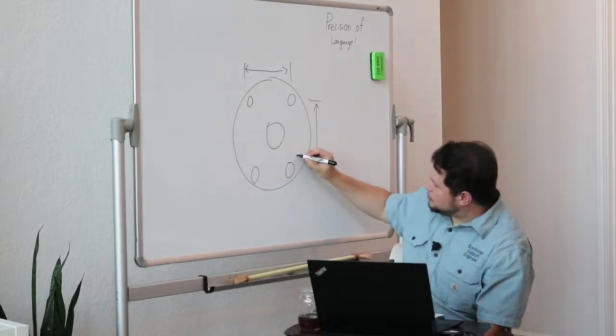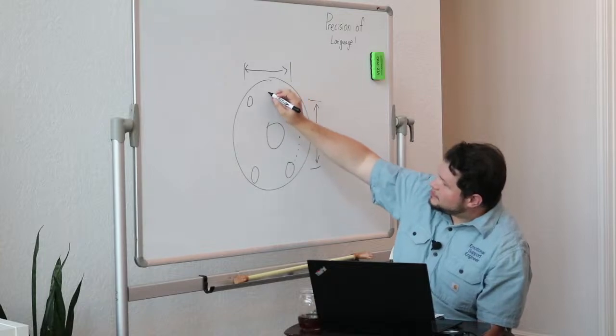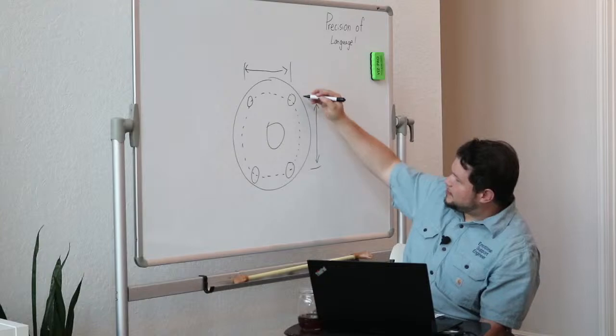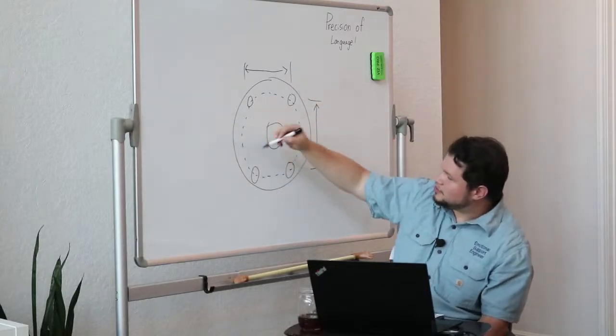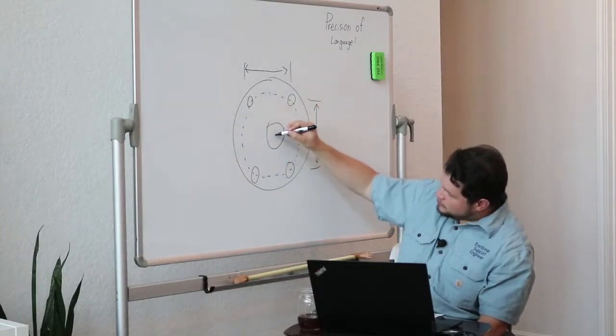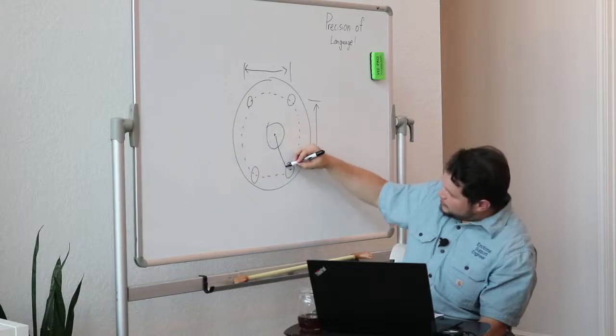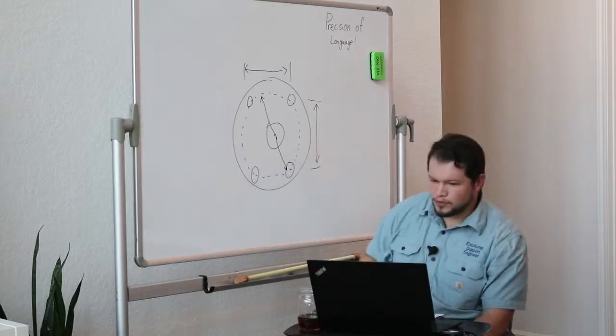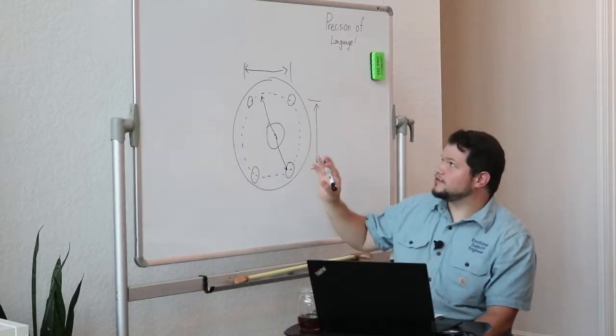So if I was to draw a circle that is concentric, meaning it shares the same center point as the outer circle and the shaft, which would be this center point here, it will give me a diameter of the bolt circle. Usually it'll give you one of the two.